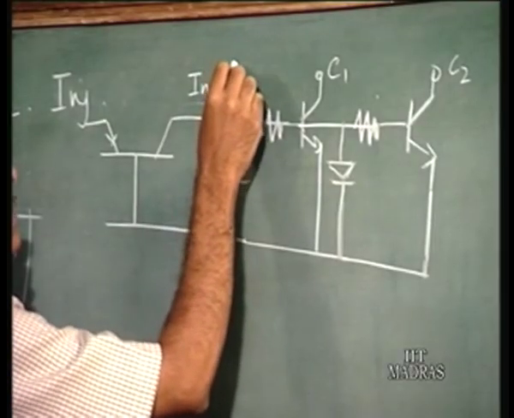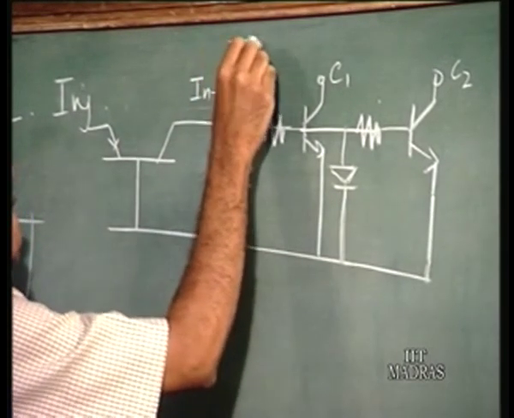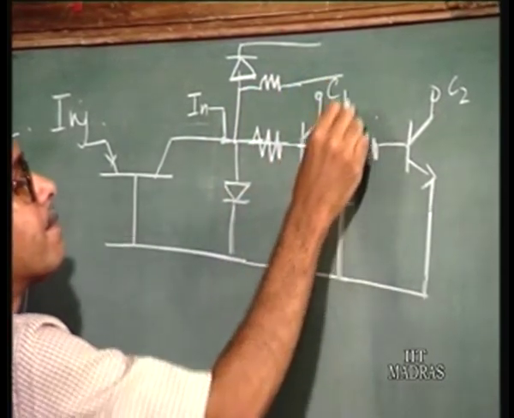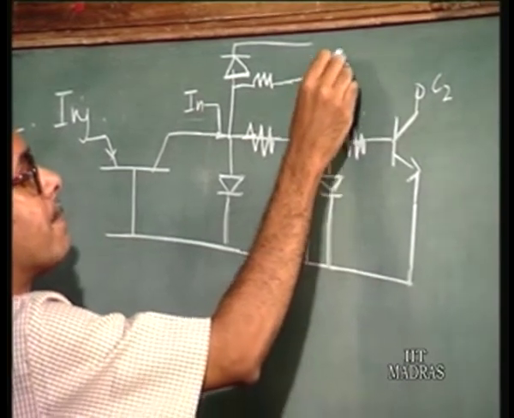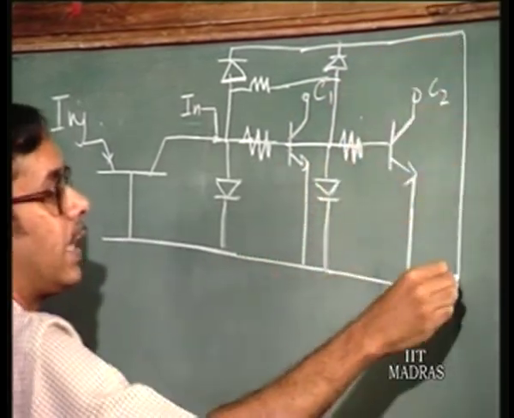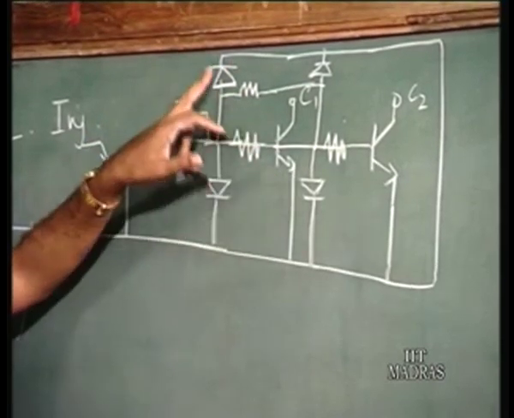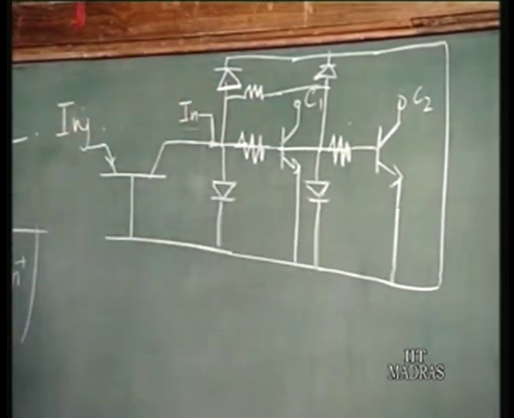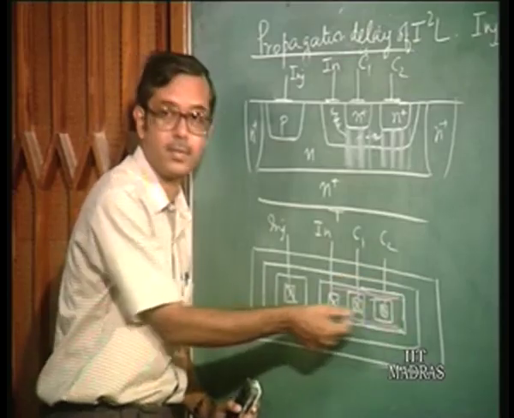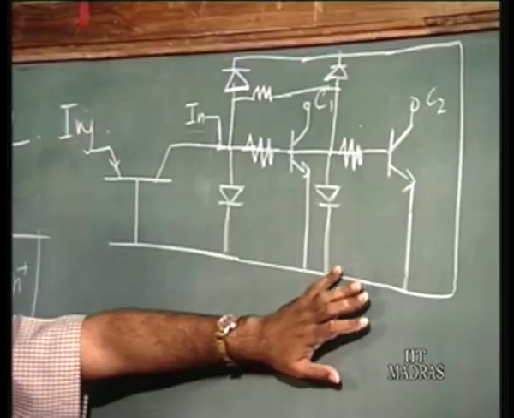Another set of diodes, and this is shorted here. So this is the contribution of the rails. The rails are the sides. So this is the equivalent circuit of this cell.